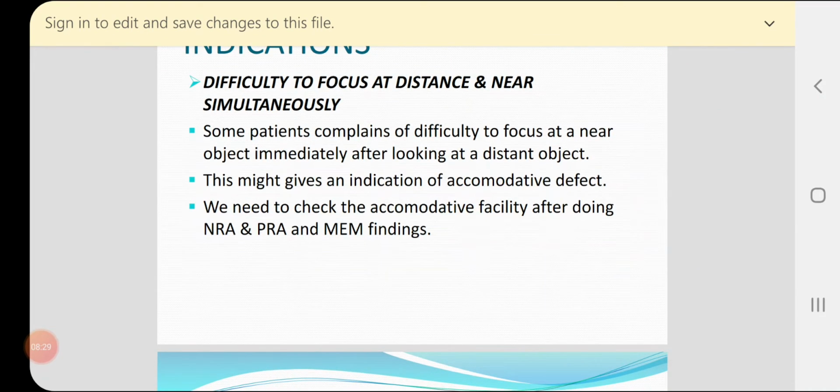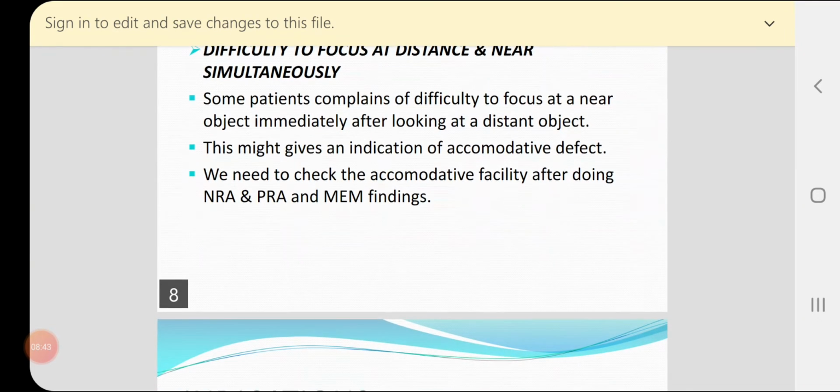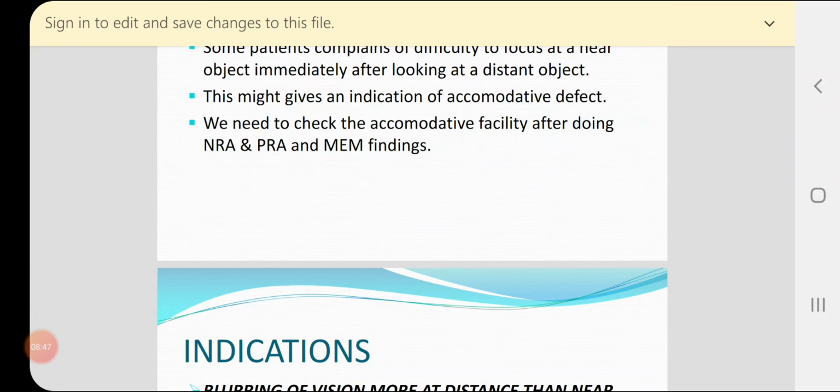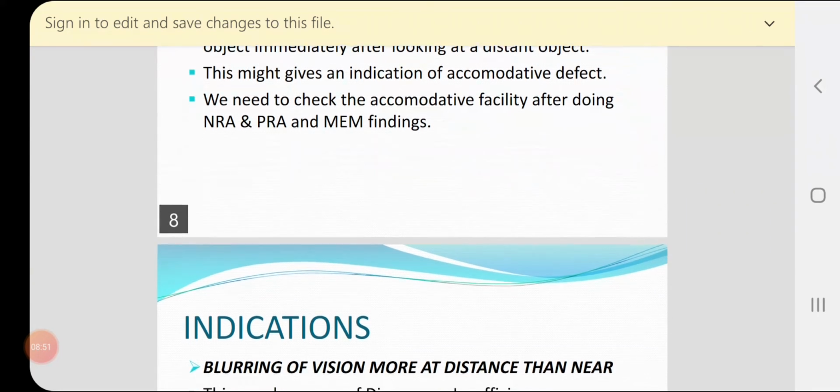Okay. So if there is difficulty to focus at the near and distance simultaneously, definitely there may be anomalies of accommodation. It is triggering it. We need to check the accommodative facility after doing the NRA, PRA and MEM findings. I'll come into the details of all these procedures.